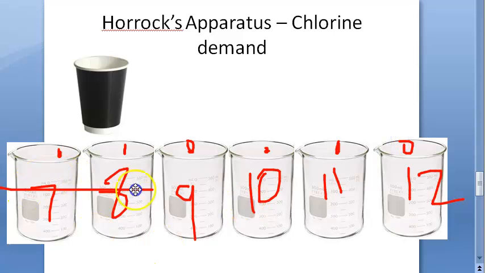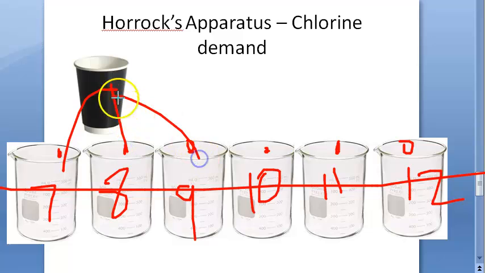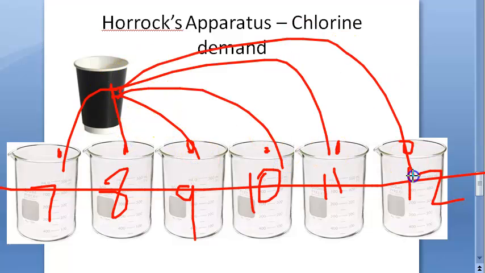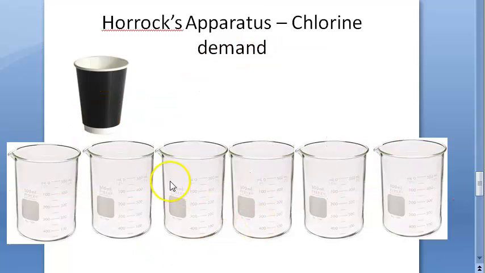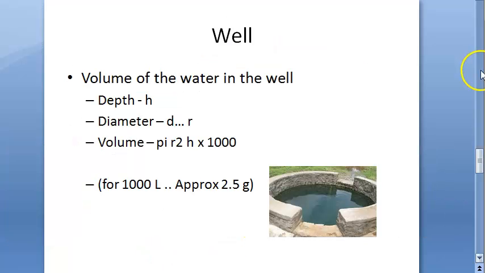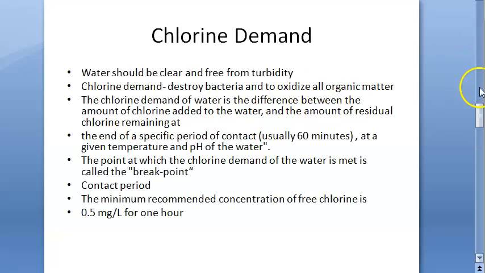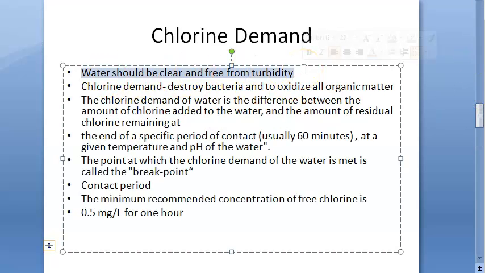You take the water sample, add 7 spoons here, 8 spoons here, up to 12 spoons, then add starch iodide, and see whether the blue color appears or not. If none of the first 6 cups show blue color, you can continue like this only. But remember, when we did Horrock's apparatus, they told you that the water should be clear and free from turbidity. This is important.